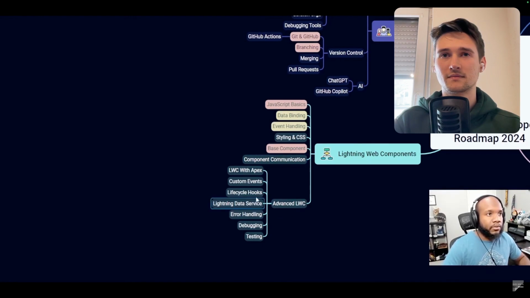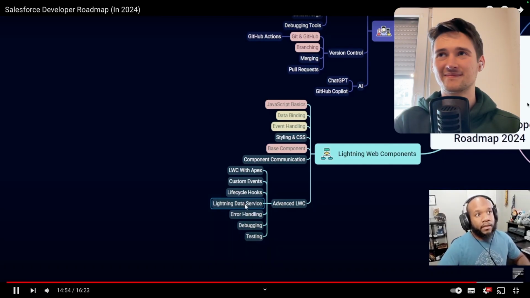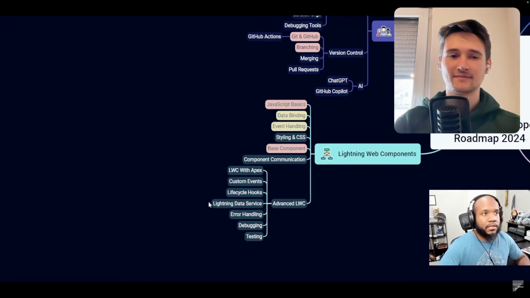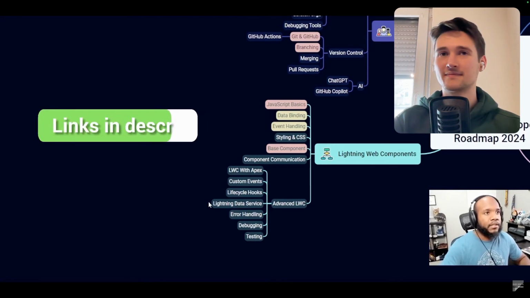Then we jump into a lot of the advanced topics, and if you haven't written one or two LWCs and at least have gotten started, don't really worry about some of the other pieces in here. But once you start dabbling in them even more and you like doing LWC development, look at some of these advanced topics, and a lot of them I go over in my LWC course, which is on salesforcementor.com, so check that out in the description.